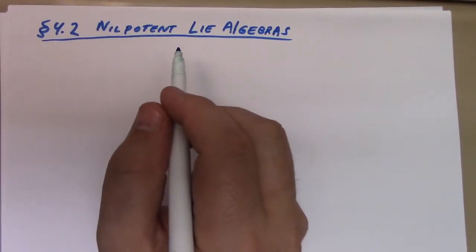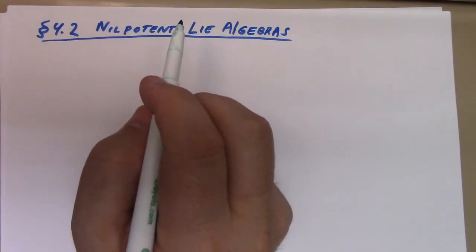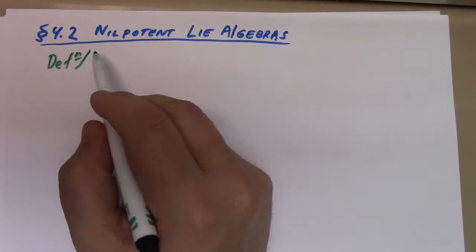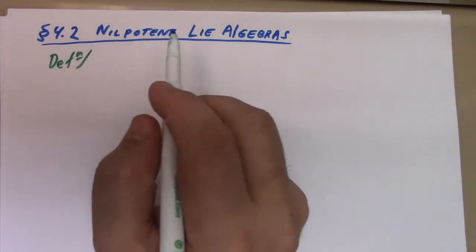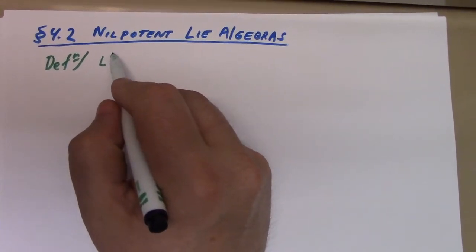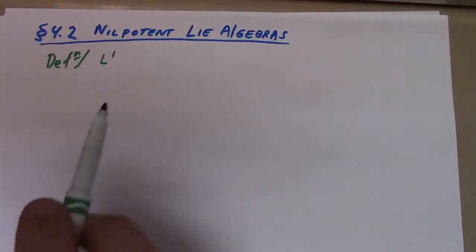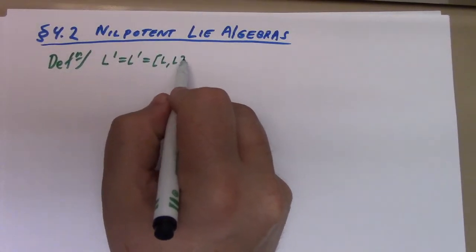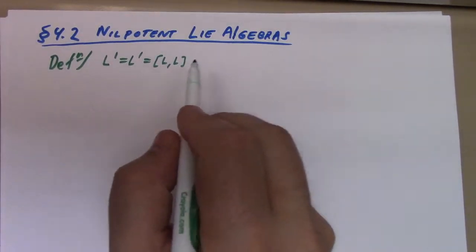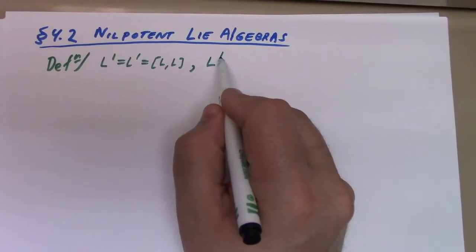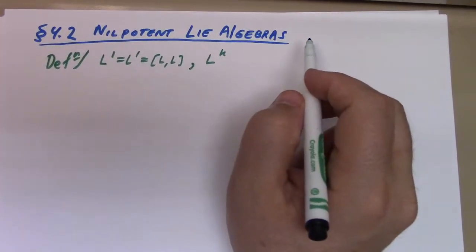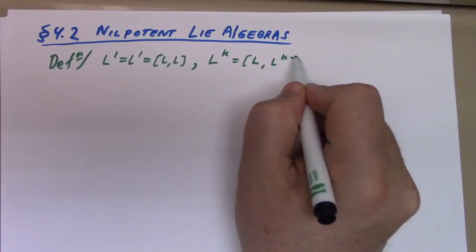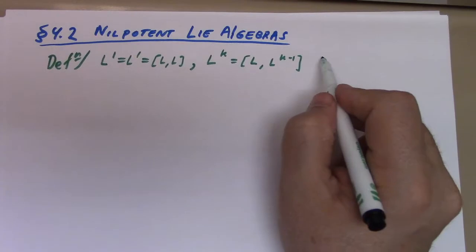We define the lower central series of a Lie algebra to be a series with the following terms. The series we had last time was similarly defined. To start out the same way, first of all, L1, notice it's 1 without parentheses this time, is L prime, the derived algebra, which was the bracket of L with L. And then the kth term in this lower central series, as it's called, is the bracket of L with L_{k-1}, for k greater than or equal to 2.